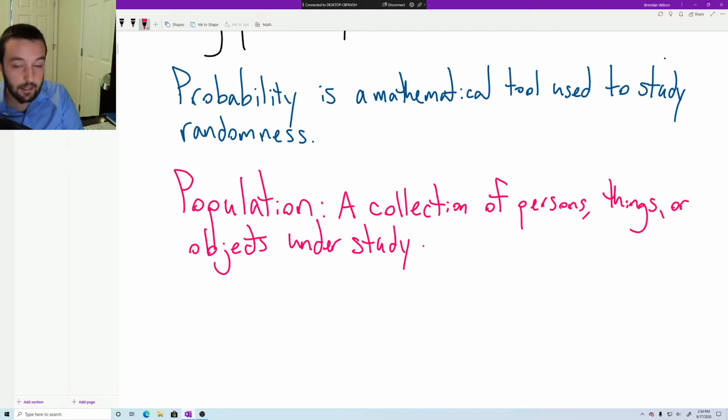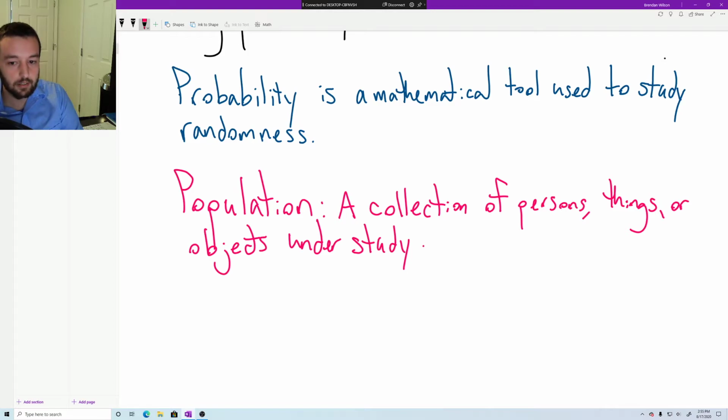And it is slightly different from how we normally think about populations. For example, if we want to study who is the most likely candidate to win the presidential election, and in order to do that, we're surveying people and asking them how they're going to vote.